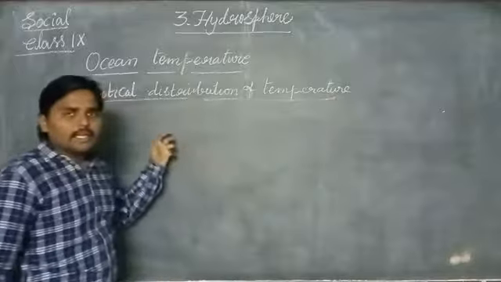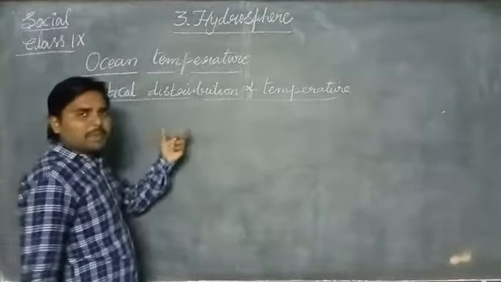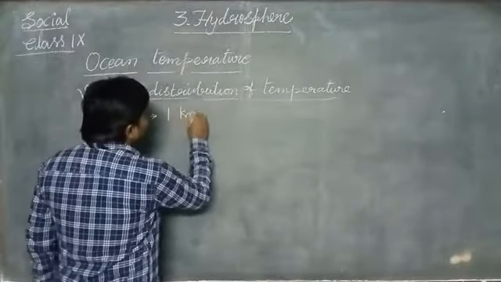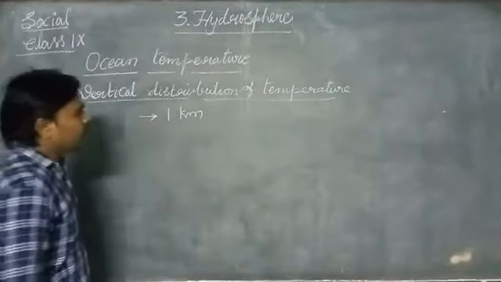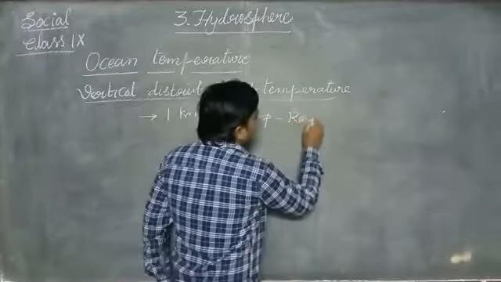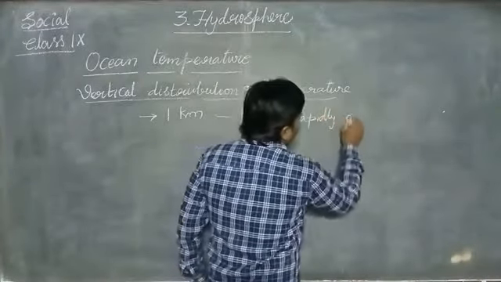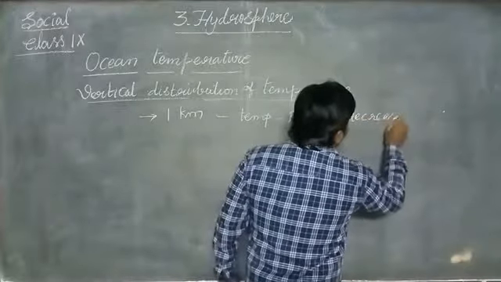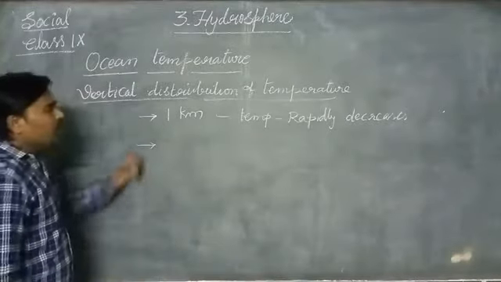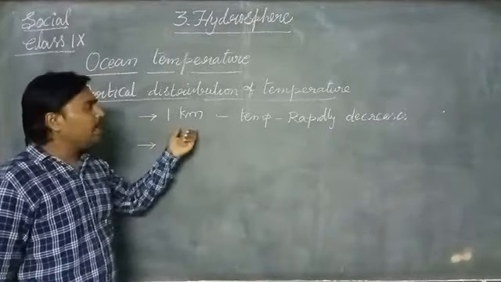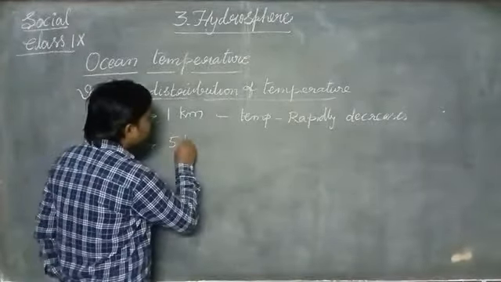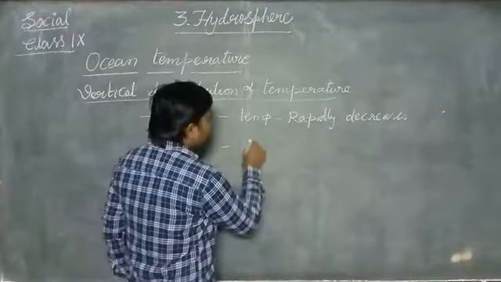As one goes deep inside the oceans, the temperature decreases rapidly for about 1 kilometer. After 1 kilometer, if anyone goes deeper into the oceans, the temperature remains constant up to 5 kilometers.